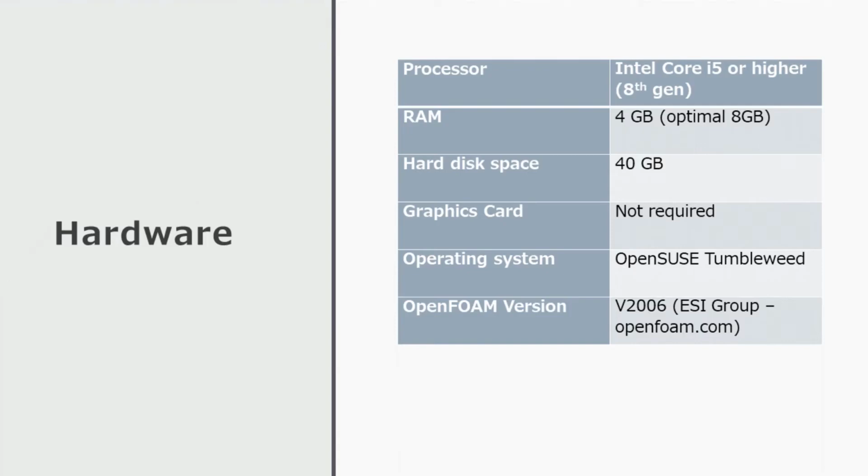There is no graphic card requirement for initial learning, and for this tutorial I'm using OpenSUSE Tumbleweed as an operating system, and the OpenFOAM version used is V2006, which is from ESI group, and it can be downloaded from openfoam.com.